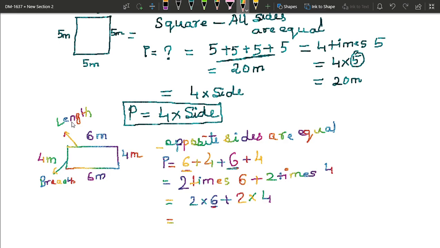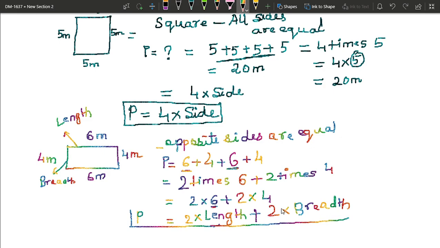It's the length, correct. So I can write this as 2 times length plus 2 times, and 4 is nothing but the breadth. So this is the perimeter of a rectangle, that is 2 times length plus 2 times breadth.